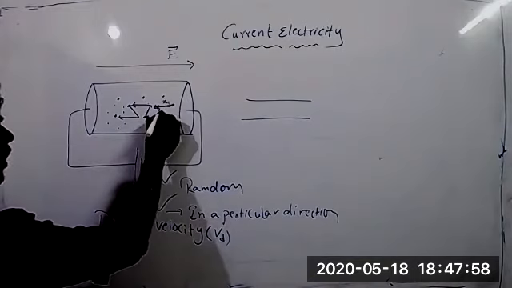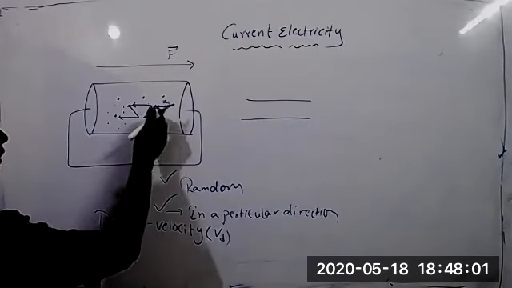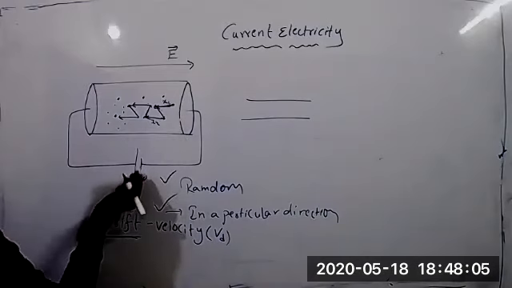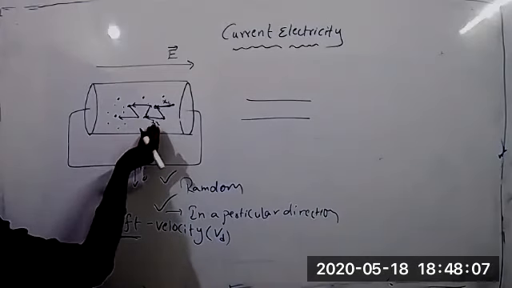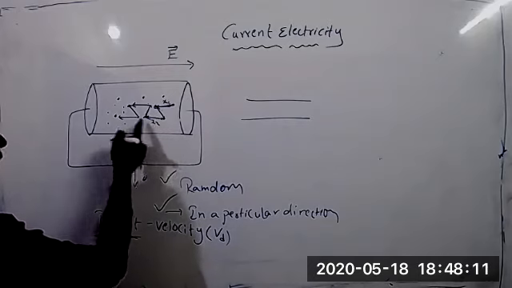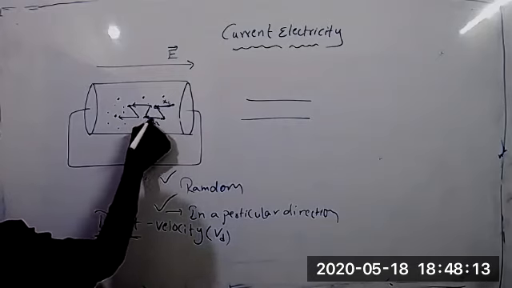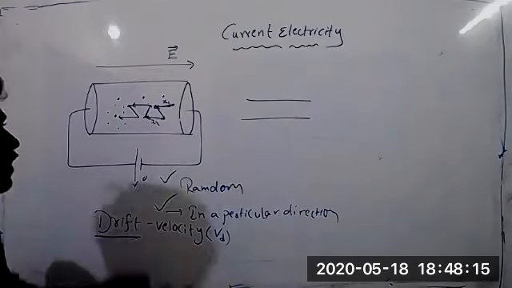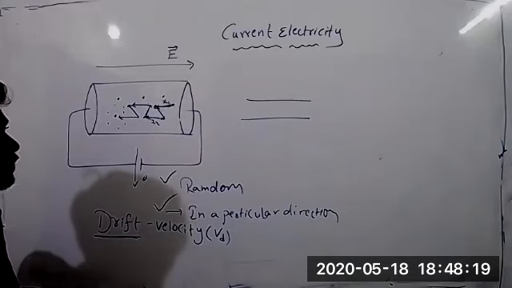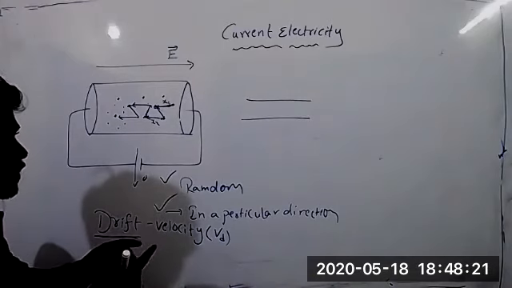Again, after collision, it will come back again. It will try to go in this direction opposite to the electric field. Here also, coming from here to here, there is no collision. It is also called free path. Free path means there is no collision, the path between two successive collisions.